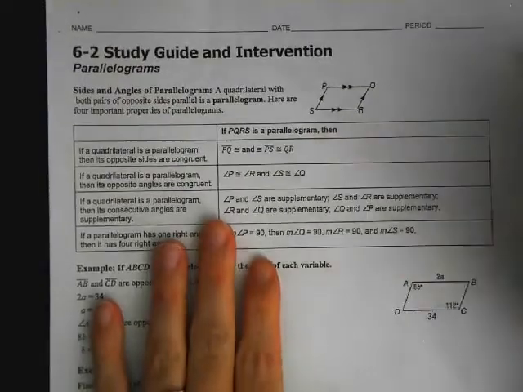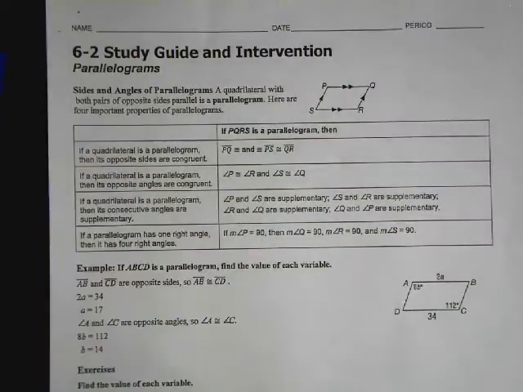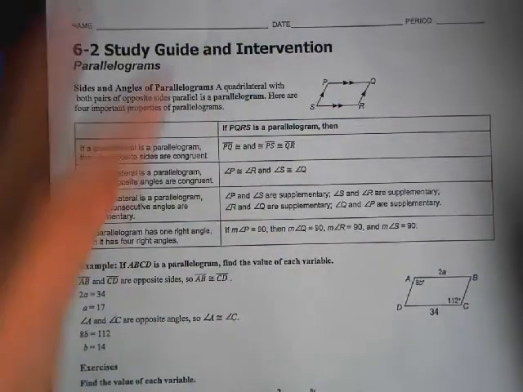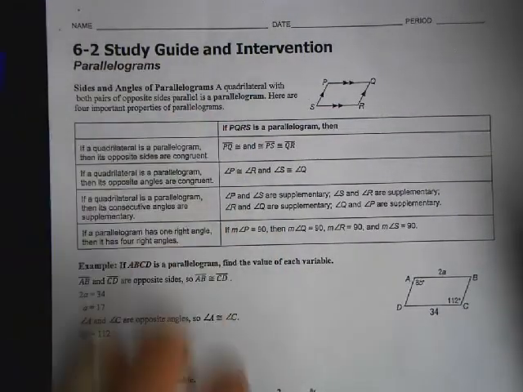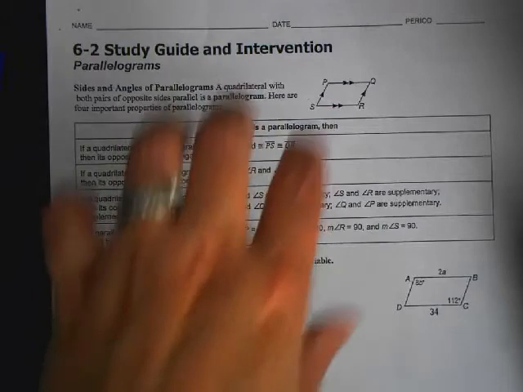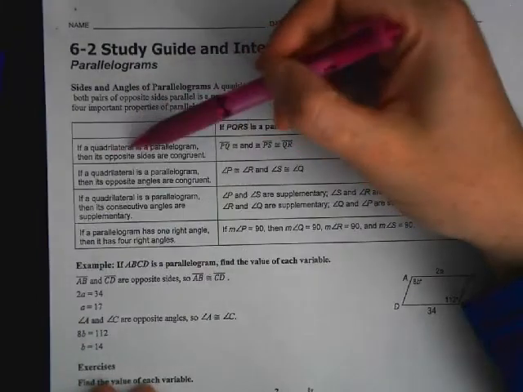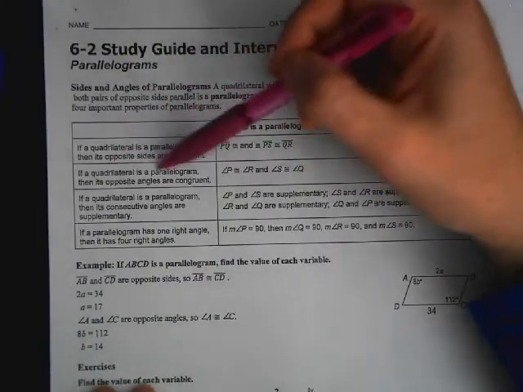Section 2, what's new? Parallelograms. All right. What do we know about parallelograms? Well, let's look at first what the definition is. Remember there's going to be all these theorems and all these if-then statements, but those are different than the definition. It's really important to know when do I use the definition of a parallelogram and when do I use if a quadrilateral is a parallelogram, then blah, blah, blah.